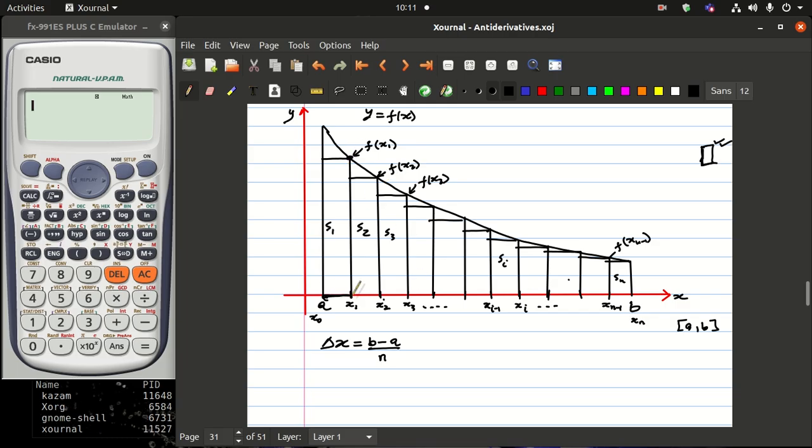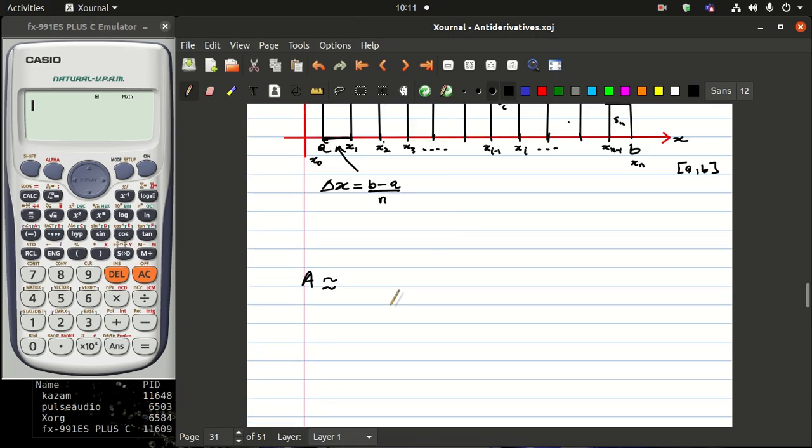And the base, because these are equal, this base here is equal to this one here. So to approximate this, I'm going to take the height f of x1 times the base, plus f of x2 times the base, and then plus, up until I arrive at f of xn, because that is the last one, since I keep taking these ones here.